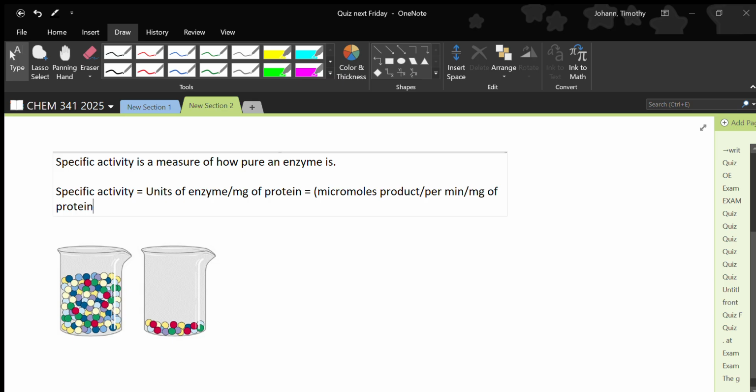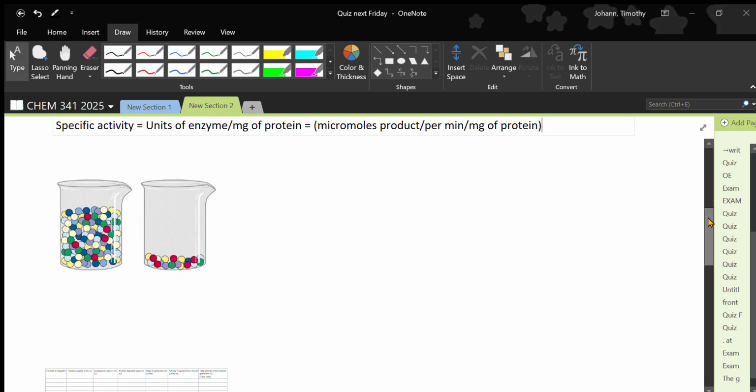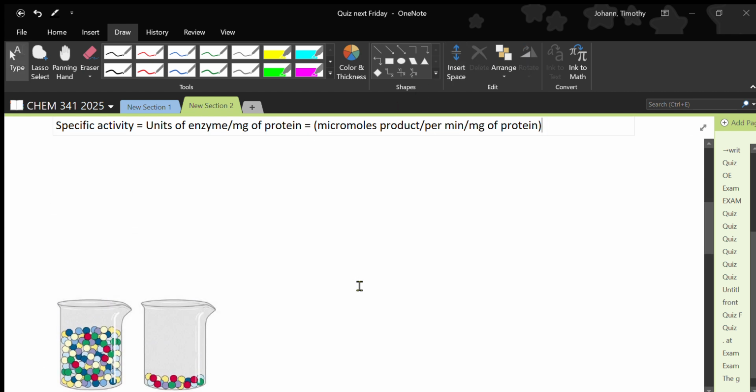I will rewrite this because the way it looks is a little confusing, and Outlook is not the best tool for writing equations. If we're looking at specific activity, the micromoles product per minute is what we're concerned with.